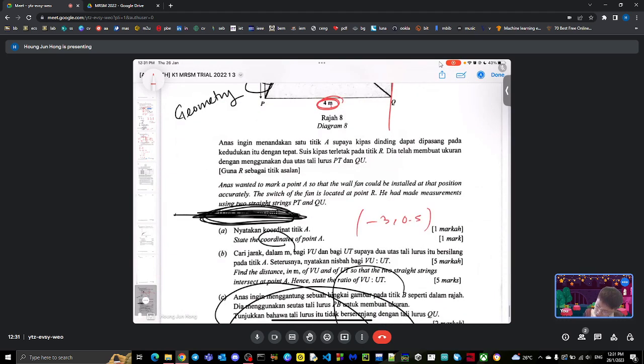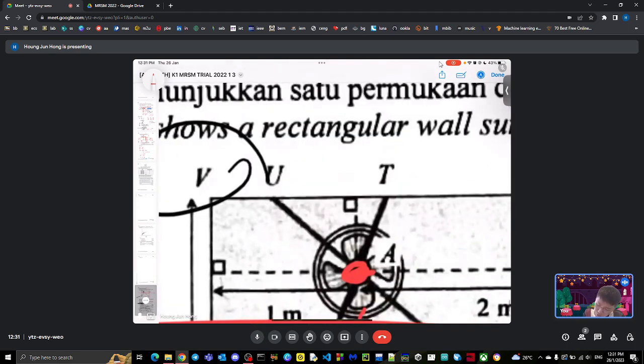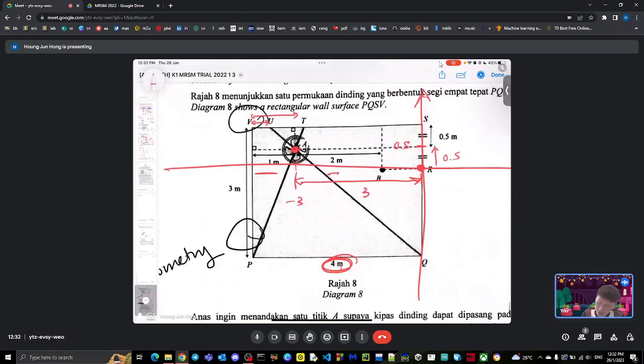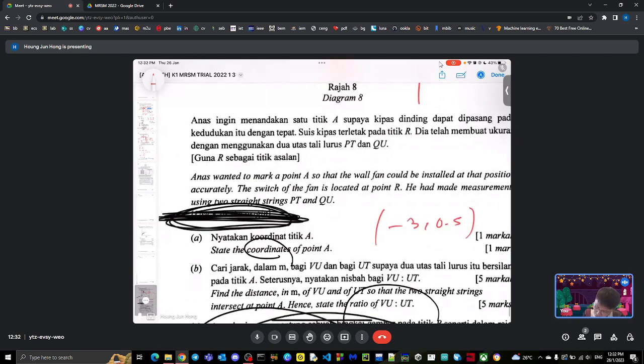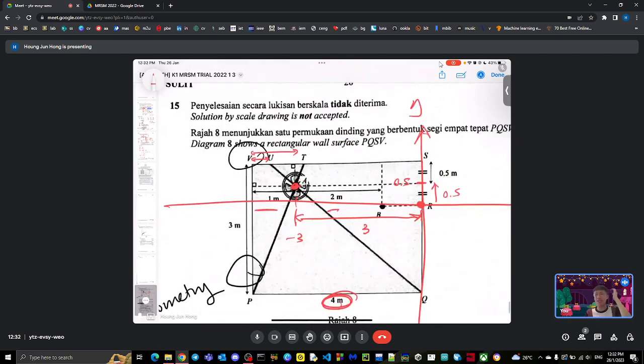Okay. Now find the distance in meters of VU and VT, UT, so that the two lines can intersect at point A. So we want to find the length of VU and VT, so that the lines can form a geometry like this and then intersect. And find the ratio of VU and VT. Okay, this one is not really hard. It's just that you don't get confused by the question itself.